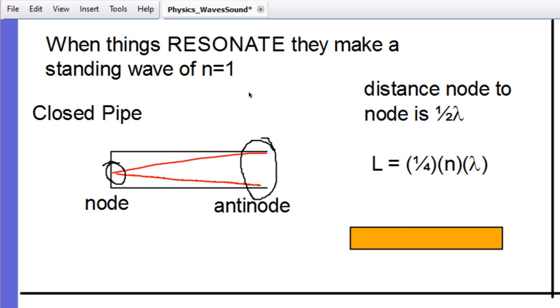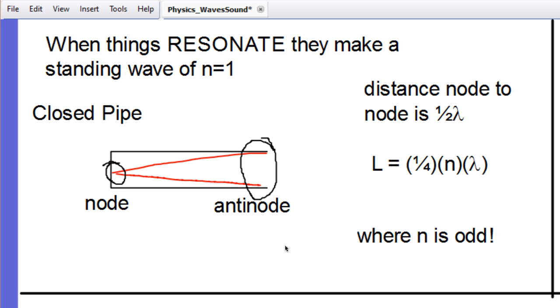If node to node is 1/2 a wavelength, and this is 1/2 of that 1/2, that gives us a 1/4. For a closed pipe, though, n is always odd. You cannot have n equals 2 in a closed pipe. You can have n equals 3 and n equals 5, but you can never get n equals 2.